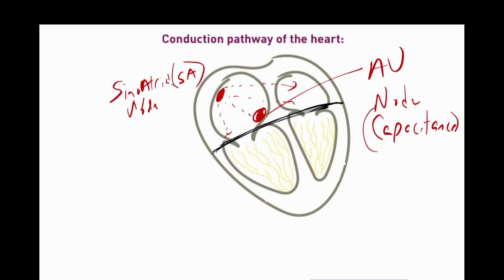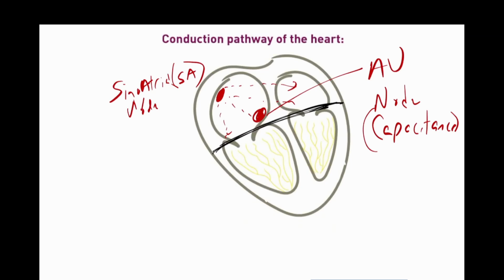So by waiting in the AV node for a little bit, there's time for the ventricles to fill with blood before we send the signal to the ventricles, because once that signal hits the ventricles, they're going to squeeze whatever blood's in there. So at high heart rates, if you're running really hard and your heart rate's around 200, you have very little time to fill with blood. That's why at high heart rates you start getting winded and dizzy, because your heart just can't pump as much blood anymore. So that's the AV node.